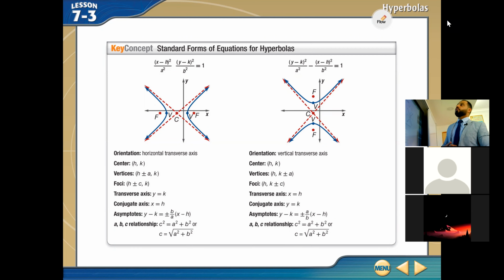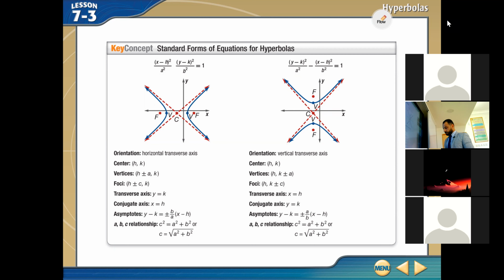I'm going to Hussein. Hussein, what is the transverse axis? The transverse axis is the line that passes through the center point, in the horizontal direction and the vertical direction.